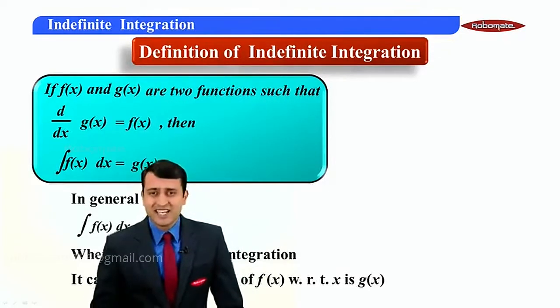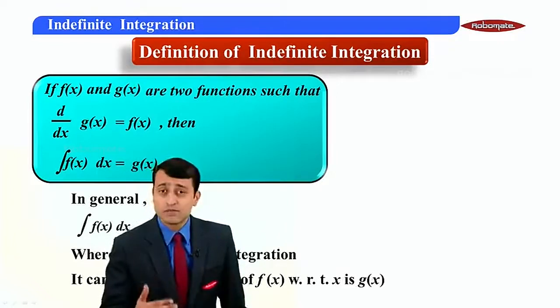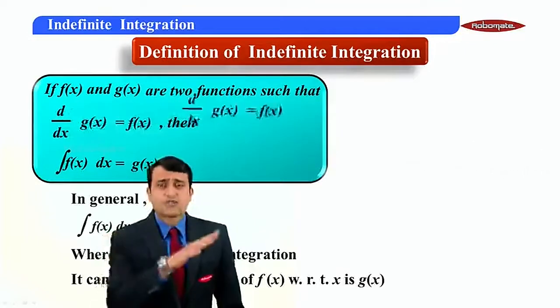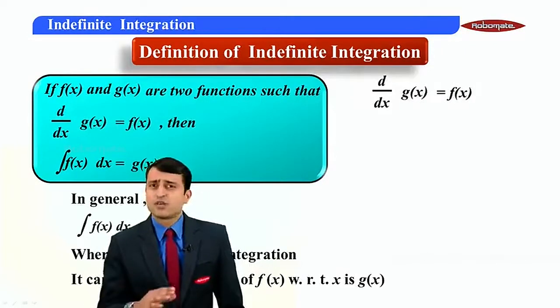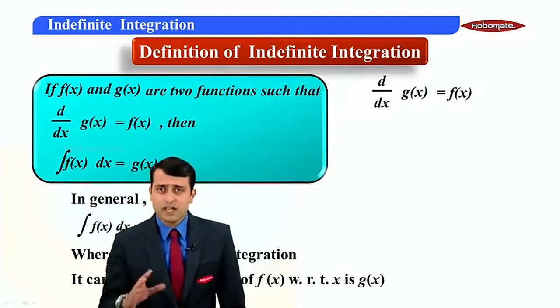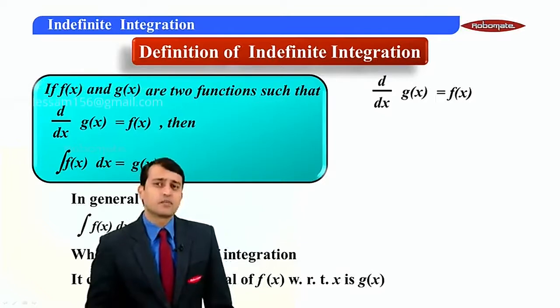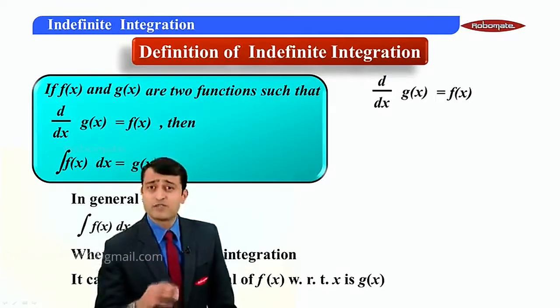Now students, let us understand one more part of this definition which we will require in some solvings. I'll take the first line of the definition: d by dx of g of x is equal to f of x. Now if I ask you a very simple question, how else can we represent d by dx of g of x?